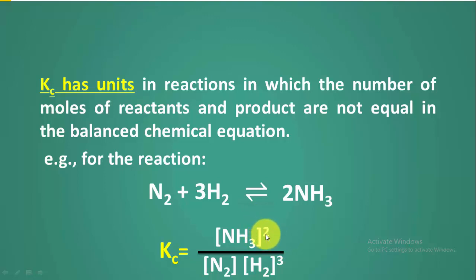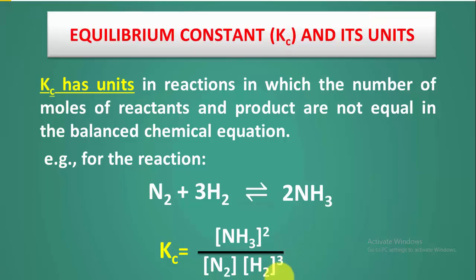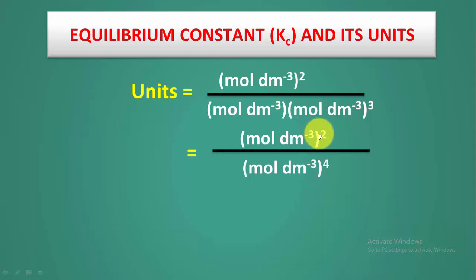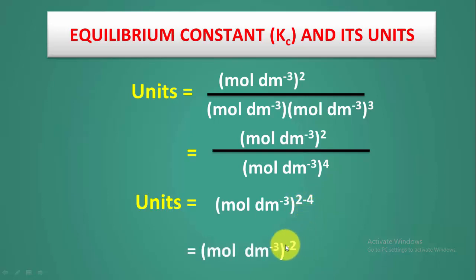But in the denominator, the reactants have units raised to the power 4. You can clearly see in this video that units of product are raised to the power 2, and units of reactants are raised to the power 4. So we subtract the power of the denominator from the numerator, that comes to minus 2. So you can see that the units are mole per decimeter cube raised to the power minus 2.